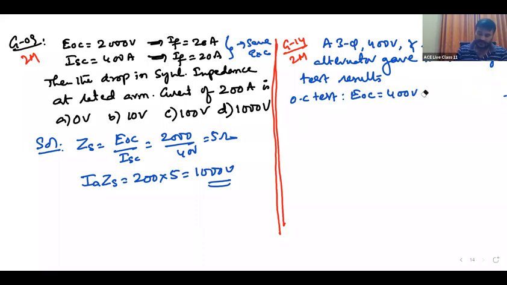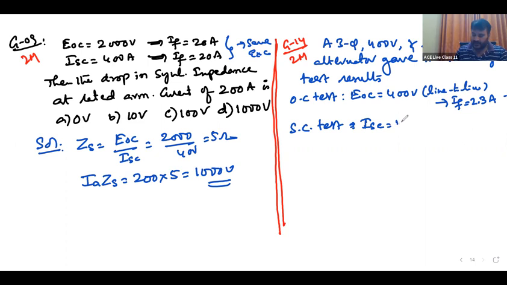The SC test: ISC is equal to 10 amperes, RMS phase value, at IF is equal to 1.5 amperes. Then the per phase synchronous impedance.